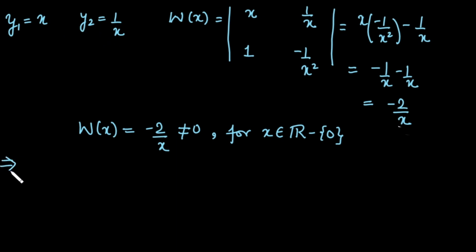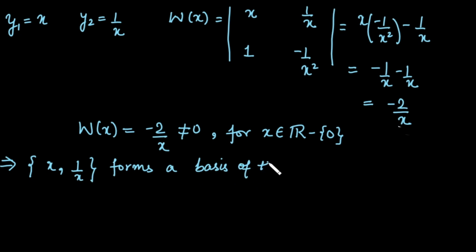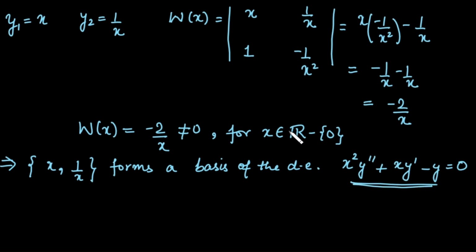So we can say that the functions x and 1 by x form a basis of the differential equation x square y double dash plus x y dash minus y is equal to 0. You can also observe that this differential equation is normal for every real number except 0, because the leading coefficient is 0 for x equal to 0.